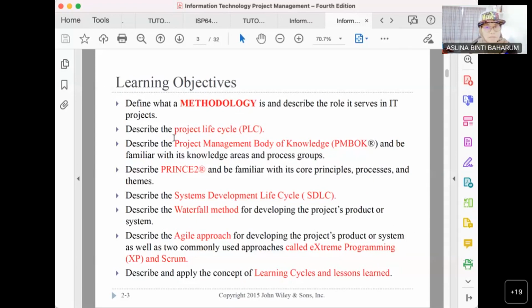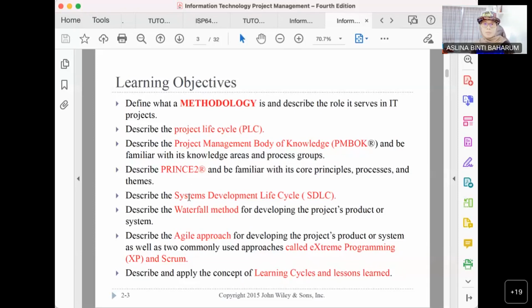Actually, again, project life cycle can also be used as system development life cycle, like waterfall, agile. But I would rather say that waterfall and agile are for SDLC.